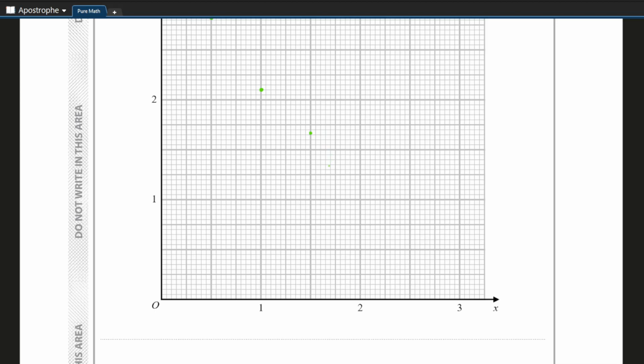And then 2, 1.41, so 1.4, 1.45, 1.41 is right above there. And 3, 1.15, 1.05, 1.10, 1.15.